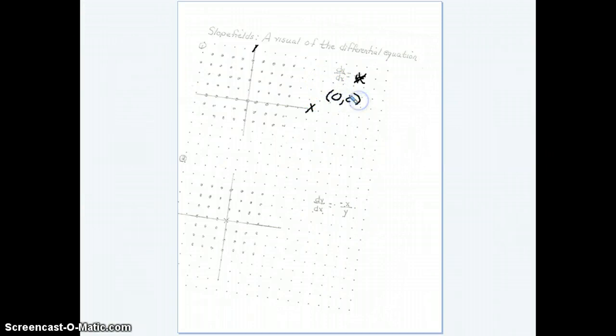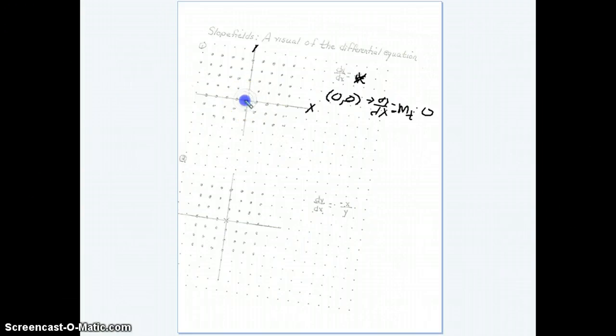All right, that point is right here. And according to this differential equation, the derivative is equal to the x coordinate of the point, which in this case is 0. So that means the derivative at that point, which is the slope of the tangent line, is equal to 0. And that means at this spot right here, the slope of the tangent line will be 0.